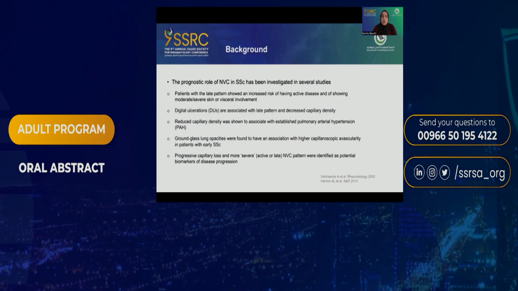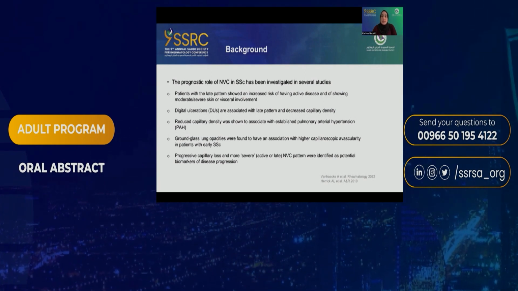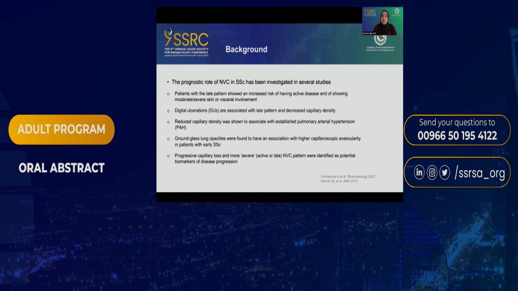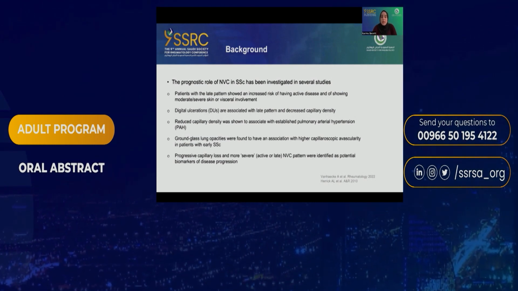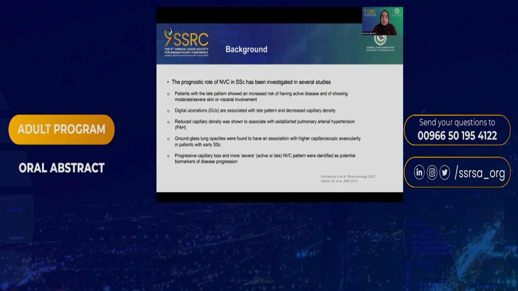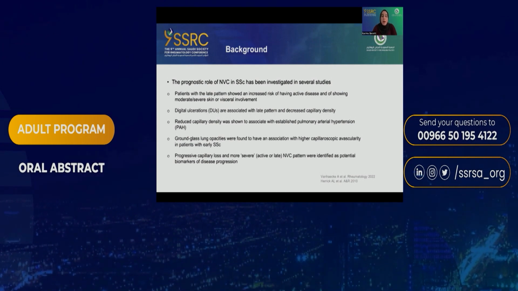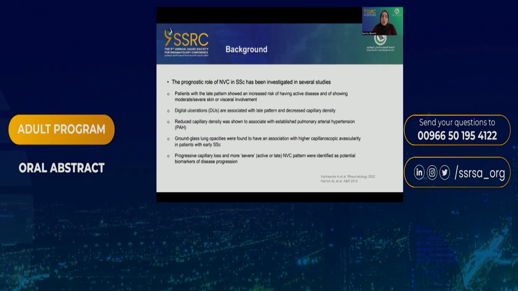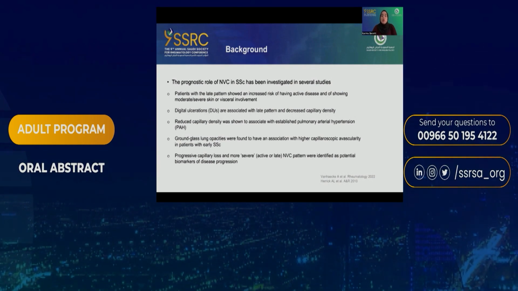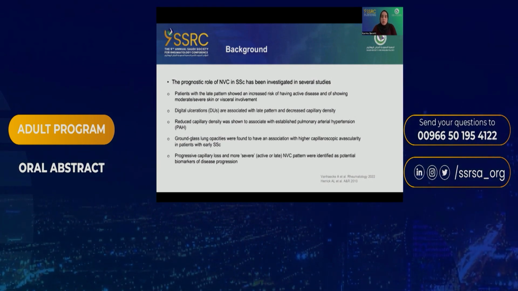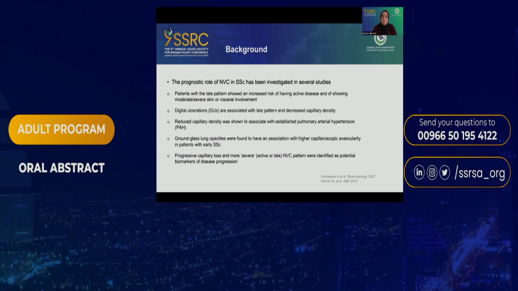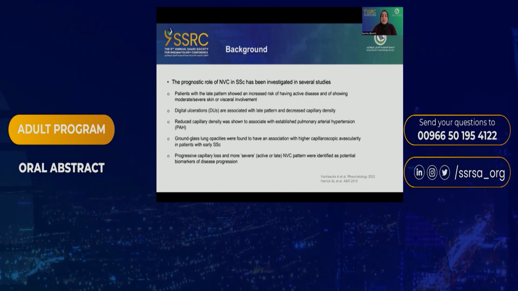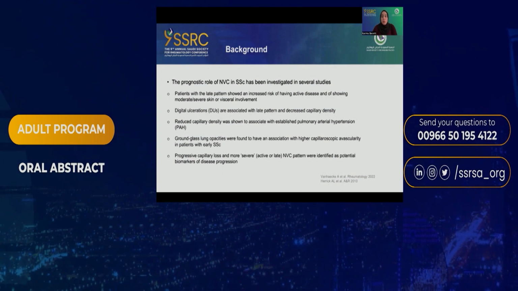Digital ulcerations were associated with a late pattern and decreased capillary density, which in turn was also found to be associated with established pulmonary arterial hypertension as well as ground glass lung opacities. In general, progressive capillary loss and the more severe nail fold video capillaroscopy pattern in the form of either active or late patterns were identified as potential biomarkers for disease progression.